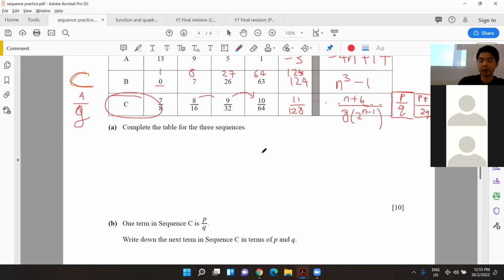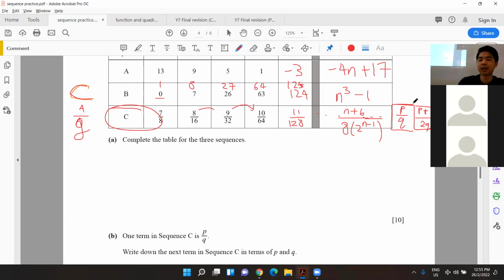Let's just say P is something, and Q is like 50. The next term after 20 over 50 is going to be 21 over 100, because on top it's plus 1, plus 1, plus 1, and at the bottom it's times 2, times 2, times 2.